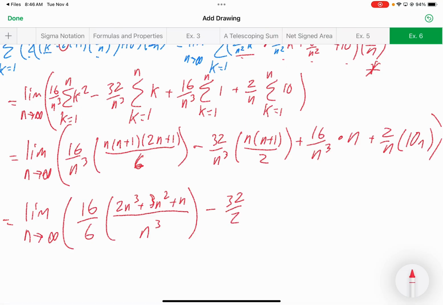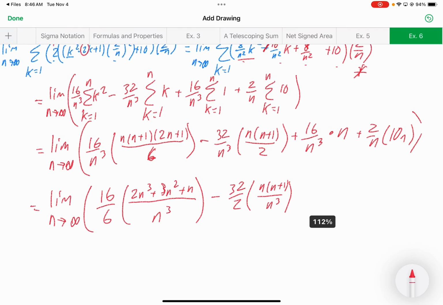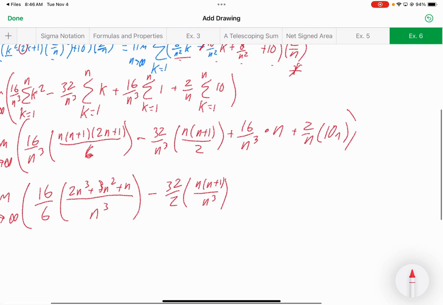Here we get 32 over 2 times n plus 1 over n cubed. However, what's going to happen to that piece when I take the limit? This should be 0, right? Because up top you get n squared, and in the denominator you get n cubed, so it's going to be 0. Plus 16n over n cubed, that's going to give me 0 as well. And then this final one is going to be 20.